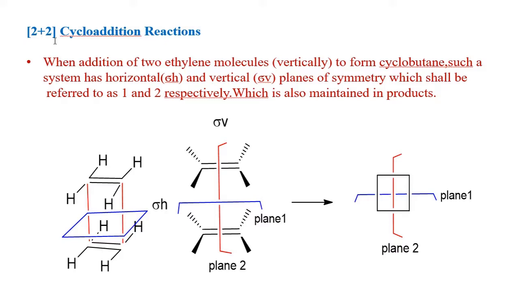In the case of 2+2 cycloaddition reaction, two ethylene molecules are added together vertically to form cyclobutane.